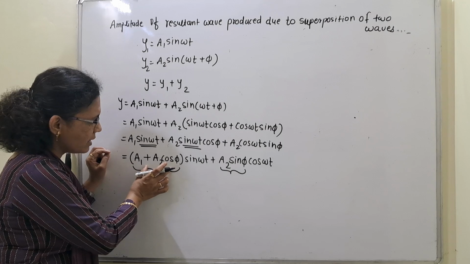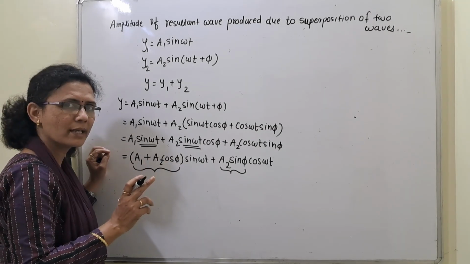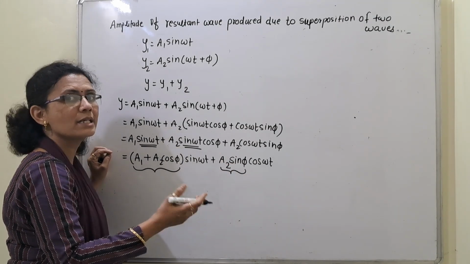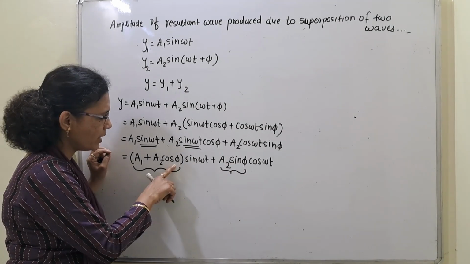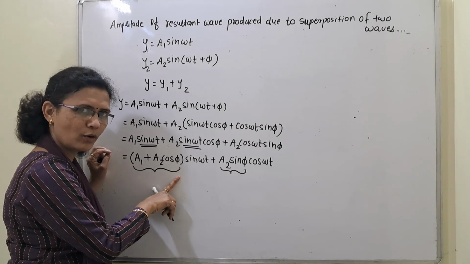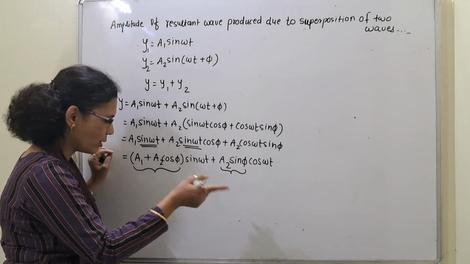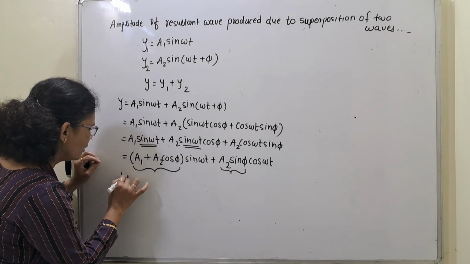Where cos phi is there, we have to put A cos theta. If there is a sin phi, we are going to put sin theta. Where cos phi is there, the substitution will be in the form of cos theta, and where sin phi is there, the substitution will be in the form of sin theta.